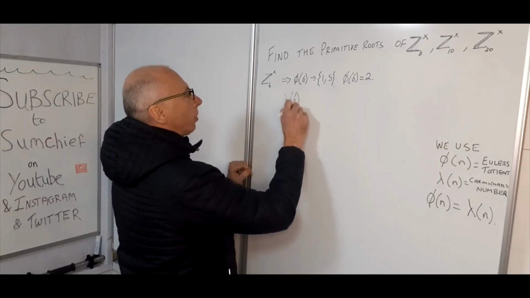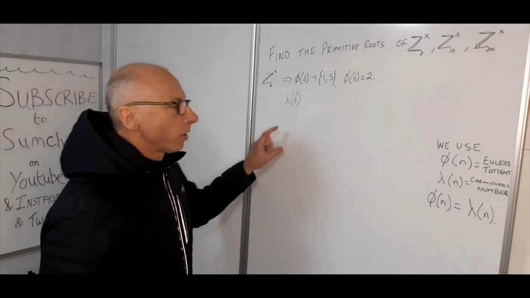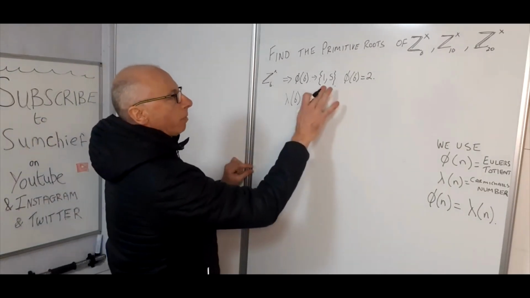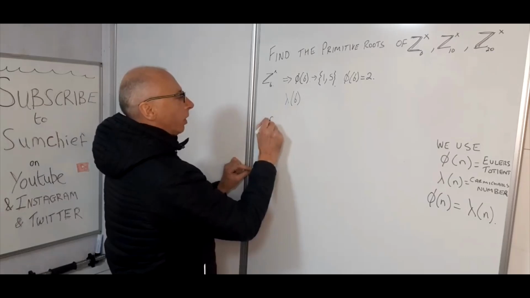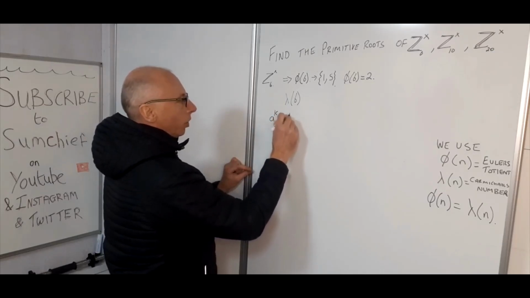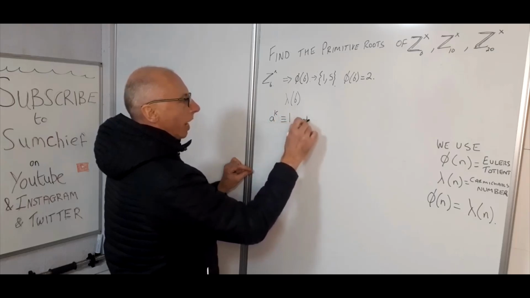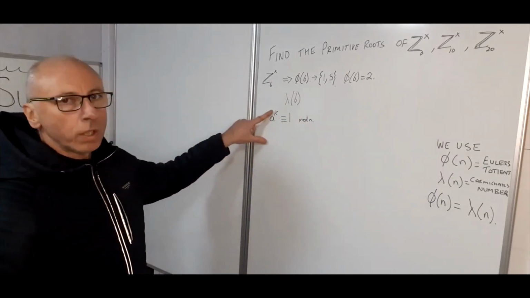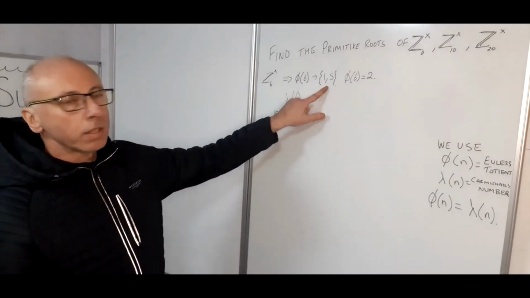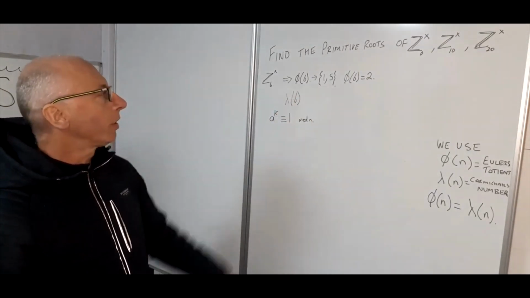So we're looking for lambda of 6. So to find Carmichael's number, we need the members of this set here, which we'll call a, to the power of some number k, which is congruent to 1 modulus n. We need the smallest value of k in which we can produce all of these numbers. So in this case it's just the 1 and the 5.